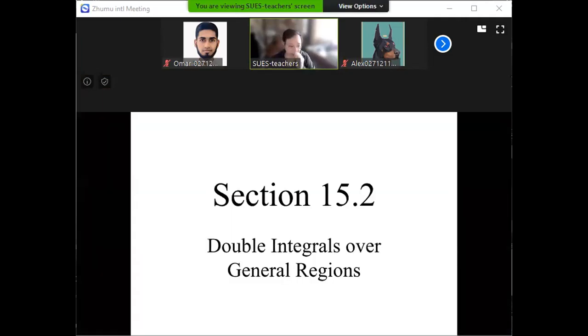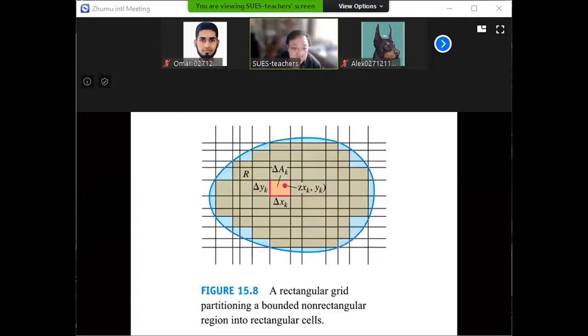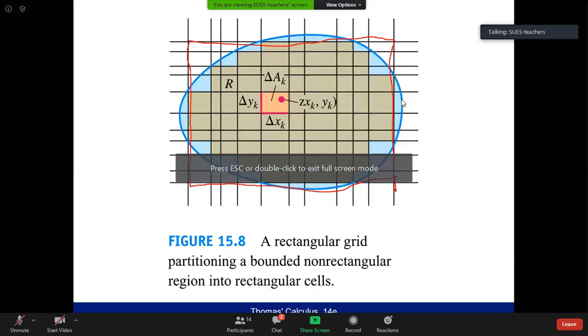We're going to look at section 15.2, which is about double integrals over general regions. Previously in our textbook, we integrated over a rectangular region, such as the red rectangle, so x and y did not have to consider how they change and whether that affects the integral range. However, if we go into the general case, we see figure 15.8.